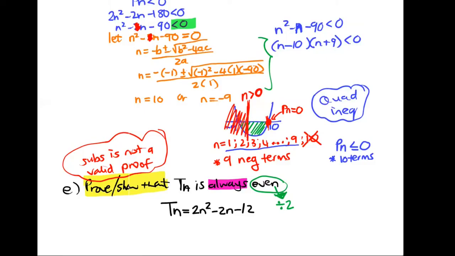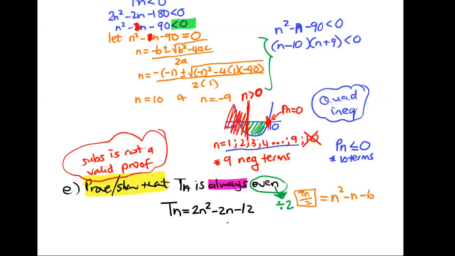Now you're definitely on the right track, but if I divide my formula by 2, tell me what is going to be on this side? What is going to be on our left-hand side if we divide the equation by 2? Technically, if you are dividing this whole thing by 2, then this is going to be Tn over 2. But you two are definitely on the right track. So we are going to divide by 2.